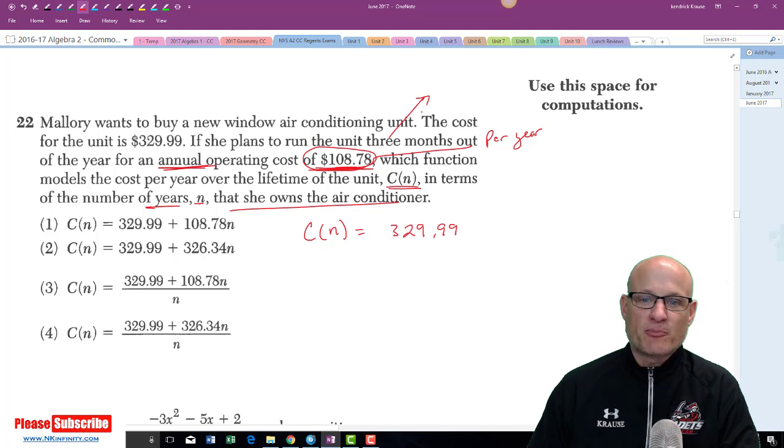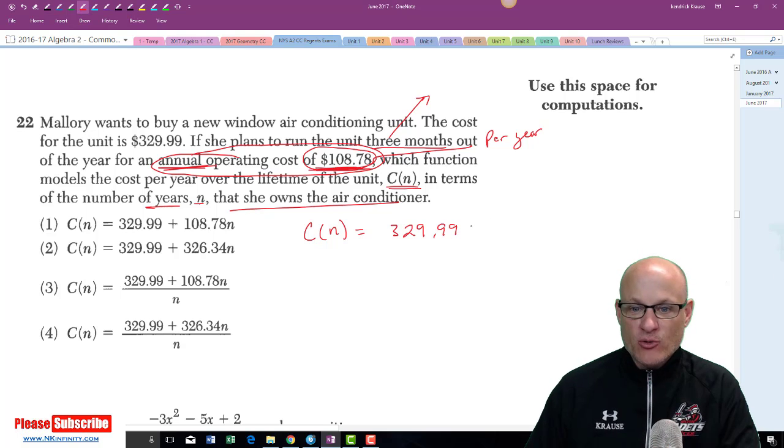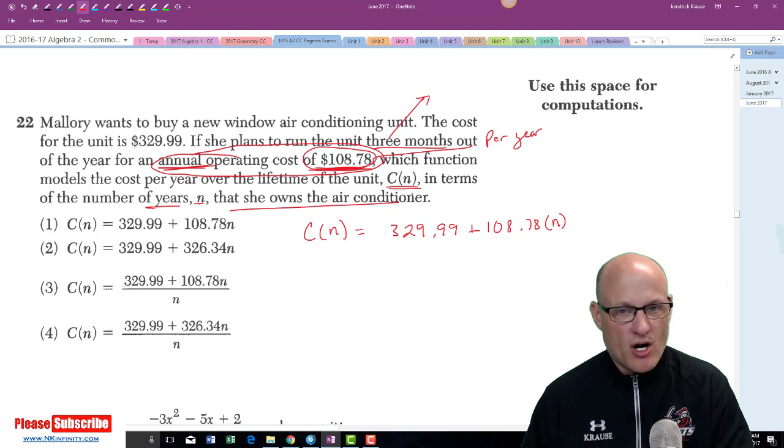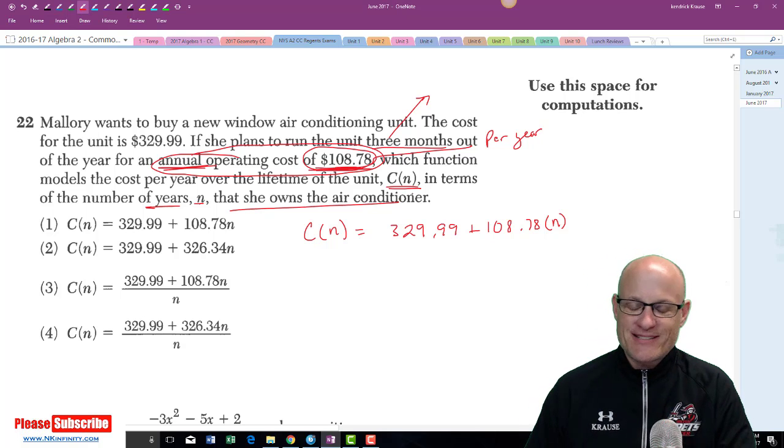That's trying to get you to multiply that thing by 3, and we don't have to. She's only going to run it for 3 months, but the annual operating cost is still $108. So we're going to add $108 for N years.